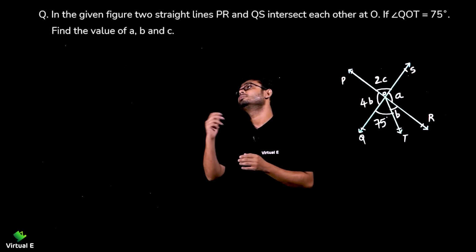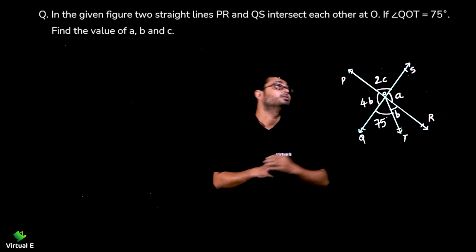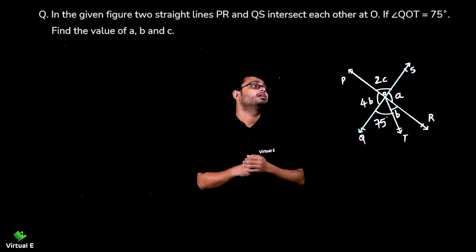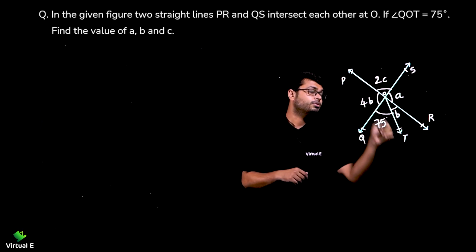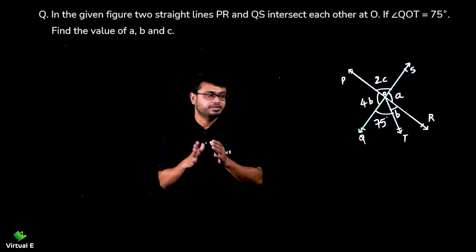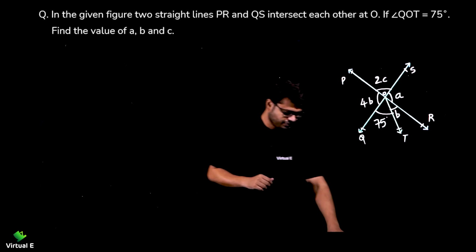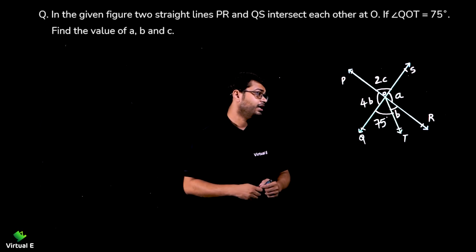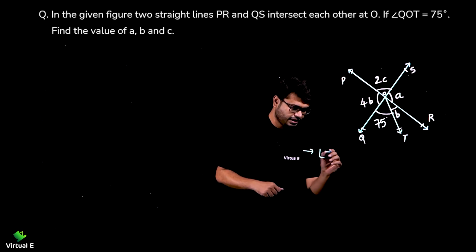So this is the indication that we can use straight angle. So continue, intersect each other at O. Okay, intersect at O, no worries. If one angle is given over here, that is QOT, that is 75 degrees, then find the values of A, B and C. One angle is only what we have, not any others. So first of all, let's write what lines we have.